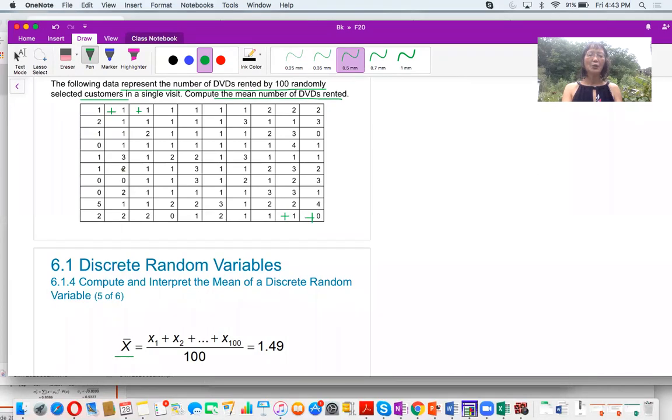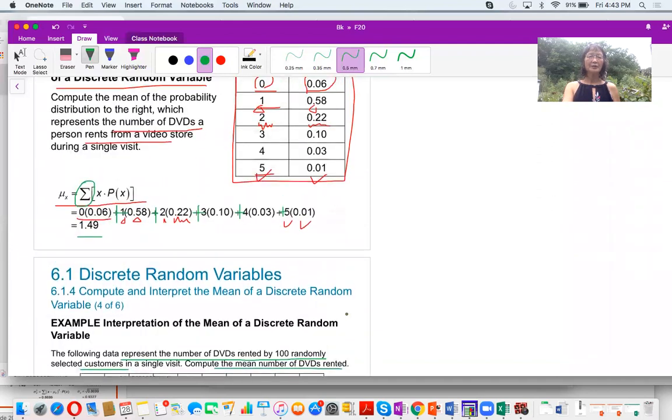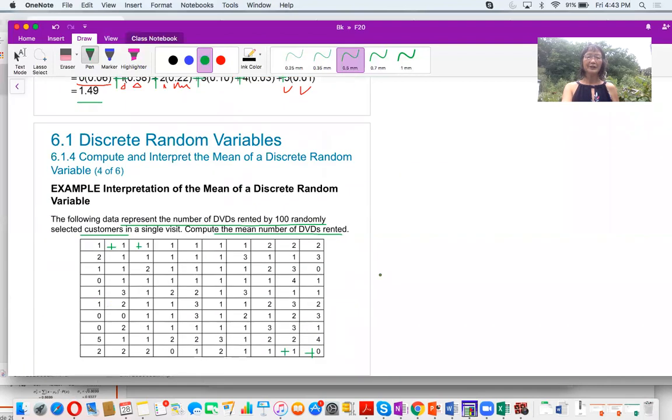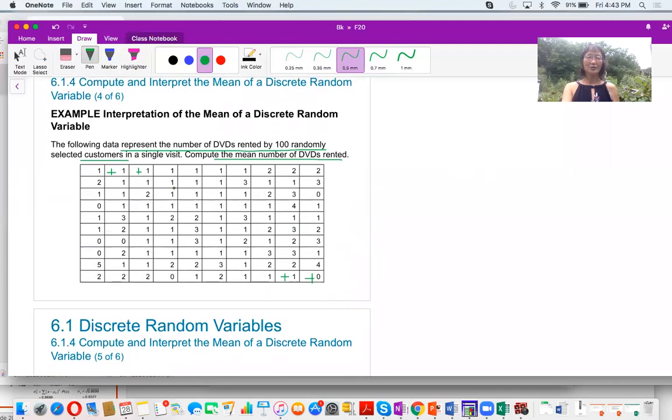Add all these 100 numbers and divide by 100, you get 1.49. The same result as we got from the probability distribution table. This is because this table is based on the raw data here, the original data. Okay.